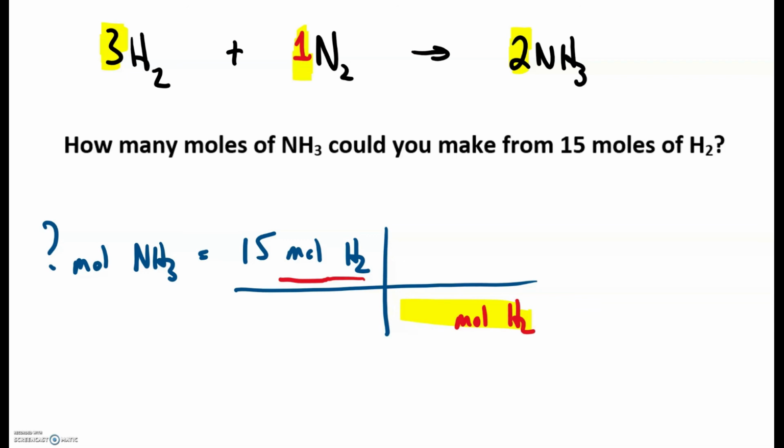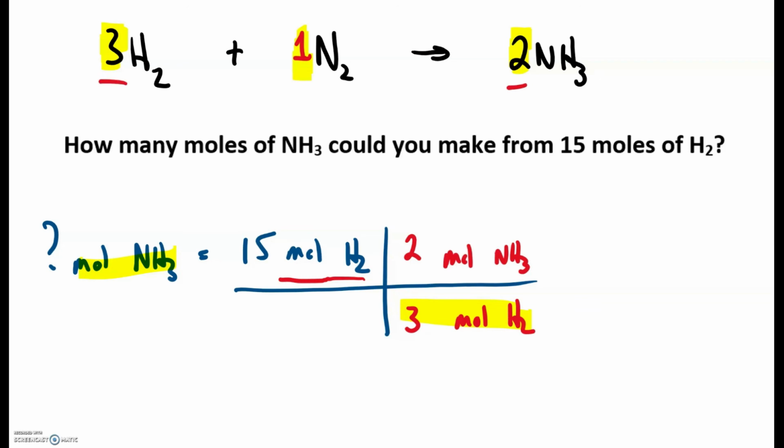And the final conversion factor should always be the one you're trying to find, so we're going to say moles of NH3. All you need is the equation to tell you what the ratio is, and that's 2 moles of NH3 and 3 moles of H2. I got them right from here.